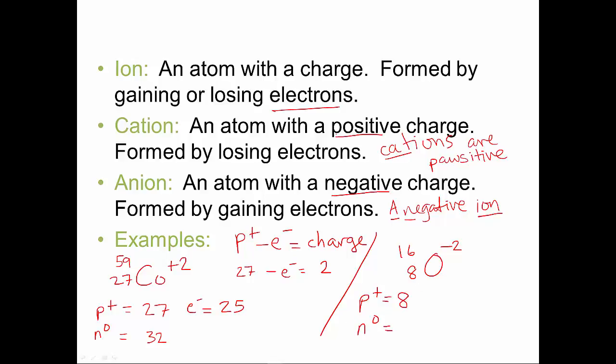Neutrons would be mass minus the atomic number. 16 minus 8 is also 8. And for electrons, we have a -2 charge, so if we take our protons of 8 minus electrons equals -2, then 8 minus what will give us -2? Hopefully you said 10, and that would be correct.